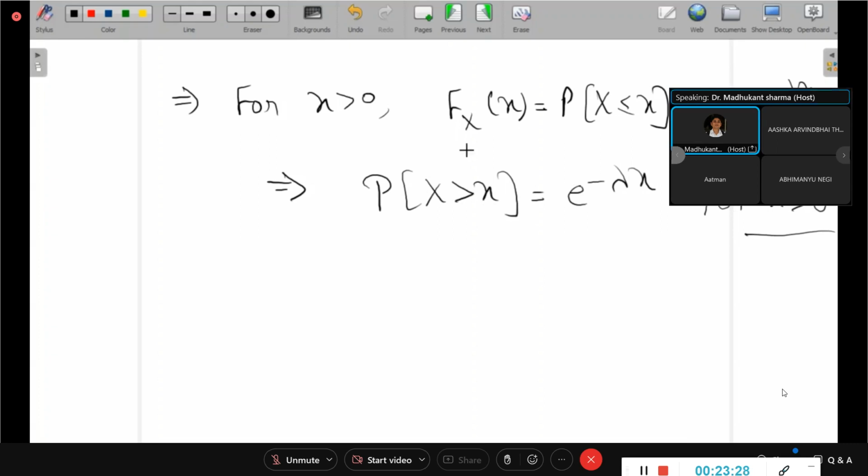Because the probability that X is less than or equal to x is 1 minus the probability that X is greater than x, and you rearrange the terms. We are going to use this result to establish a very important property, which you will appreciate later on.